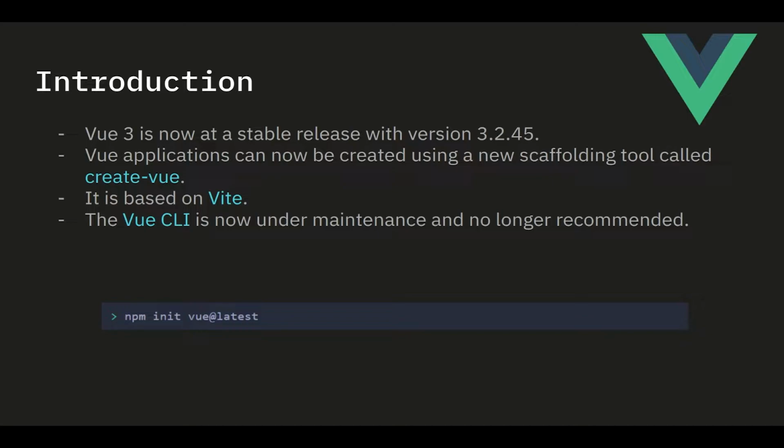Hot module replacement is when you have your application running, and if you make any changes, you will see them pretty much straight away. In the past, we've used the Vue CLI, which is now under maintenance and no longer recommended. So that's how you create a Vue project.